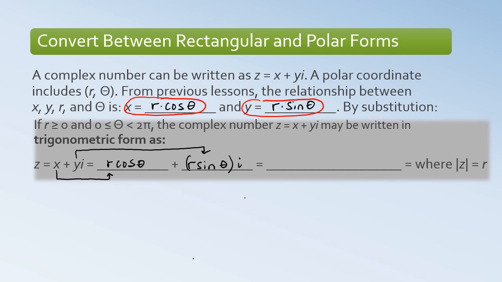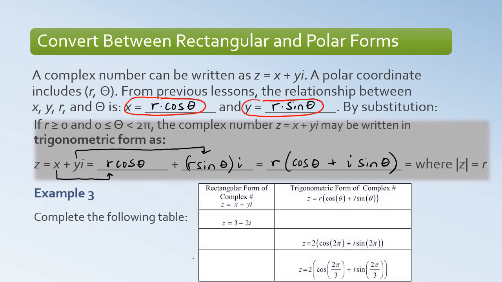I can either put parentheses around it like you just saw me do, or I can move it to the front, which I think I'm going to end up doing. Now both of these terms have an r in it, so it might be nice to factor that r out. And if I do that, I'm left with cosine theta plus, let me move that i to the front and say i times the sine of theta, where the magnitude is equal to the radius.